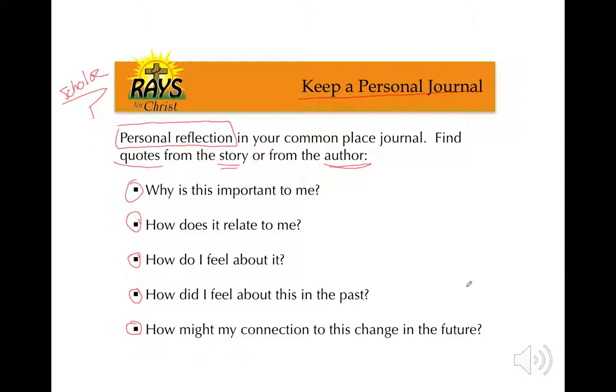I mean, most of us, from the time we're very little, we know that it's wrong. But what unusual circumstance would change the connection to the idea that murder is absolutely wrong in the future? What if somebody came into your home? Anyway, you kind of get the idea of what a commonplace journal really allows you to do.